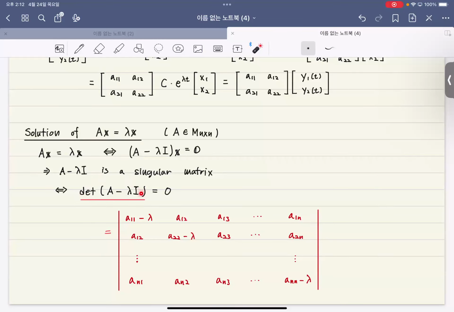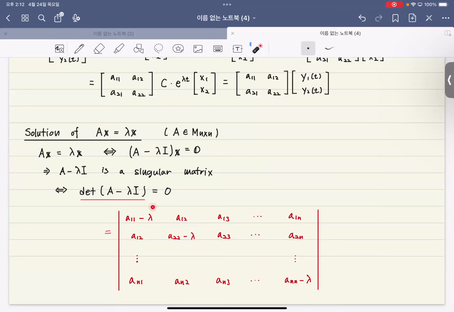So you have n factorial many terms in this computation, and lambda can appear at most n times in each product.